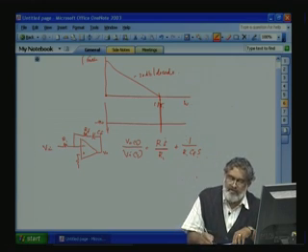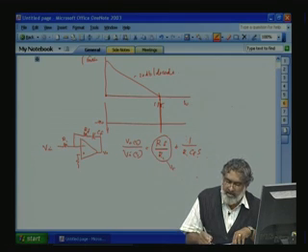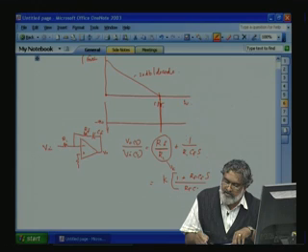RF by R1, if we take it as some K, the overall transfer function will be K into (1 plus S RF CF) divided by S RF CF. Okay.